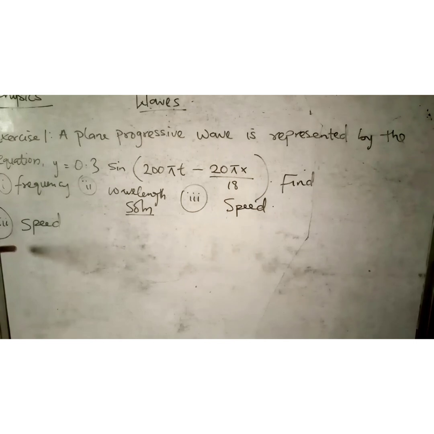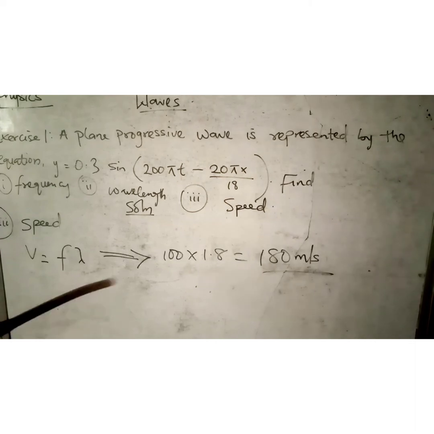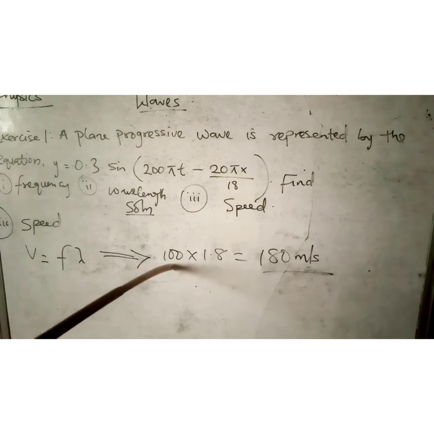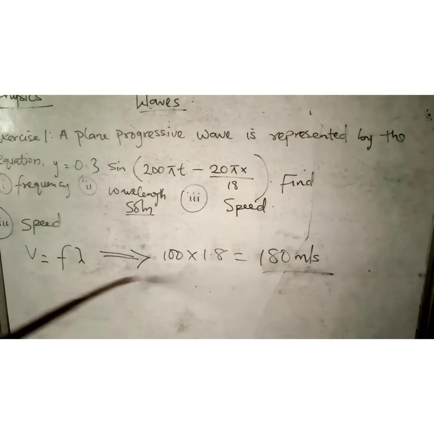The next question is speed. Find speed. The speed v is equal to the product of frequency and wavelength, and is equal to 100 because our frequency is 100.